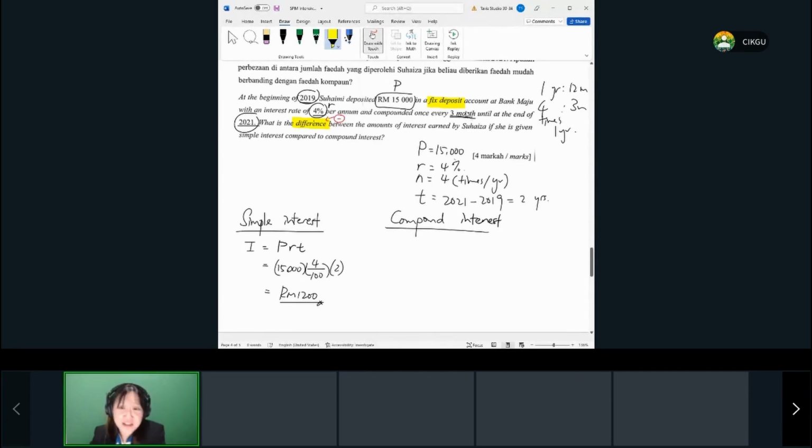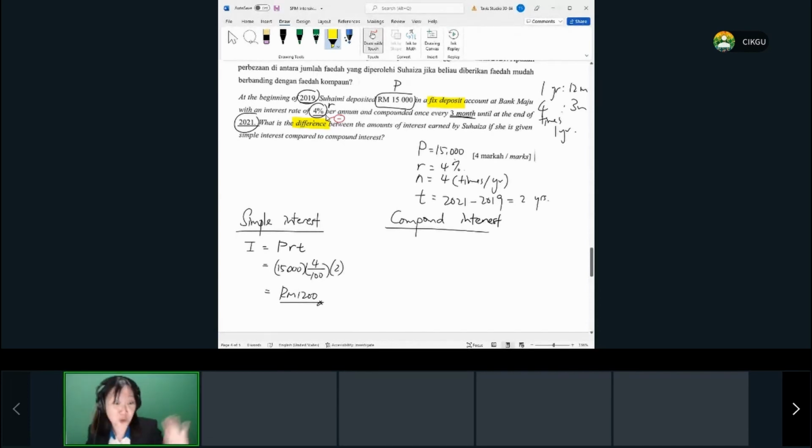Unfortunately, the only thing which is not practical is this interest rate. As of today, if you ask any bank, they do have fixed deposit and they do provide this service, but the interest rate is not that high. I think only 2.1%, 2.5%, less than 3% for sure. But okay, better than none, right?